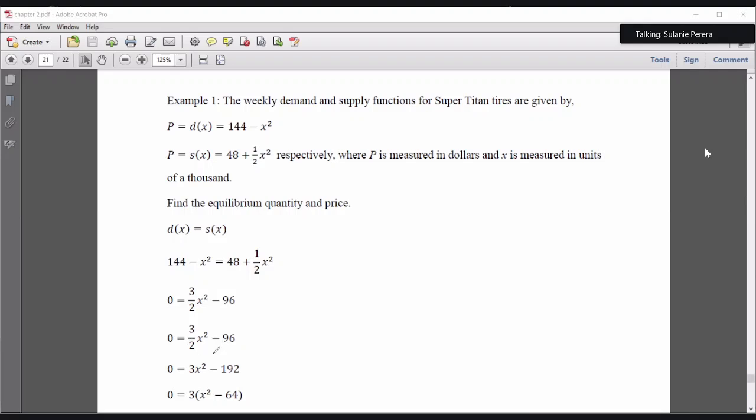Multiply both sides by 2, then we get 3x squared equals 192. Dividing by 3, we get x squared minus 64 equals 0, which implies x squared is 64. So x is plus or minus 8.